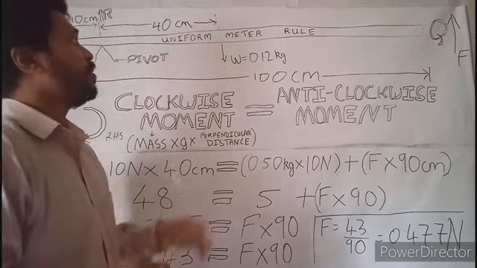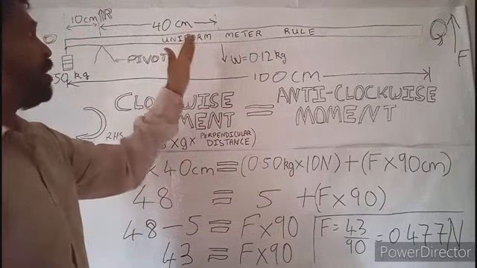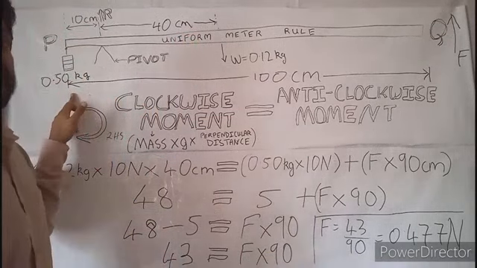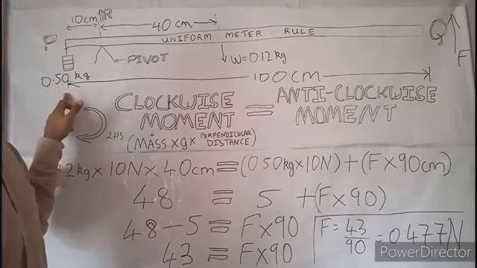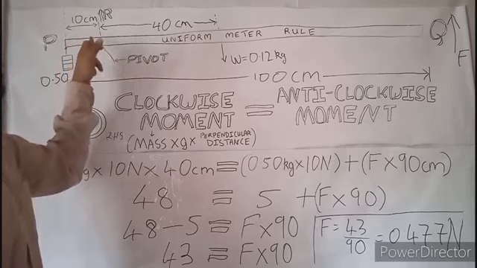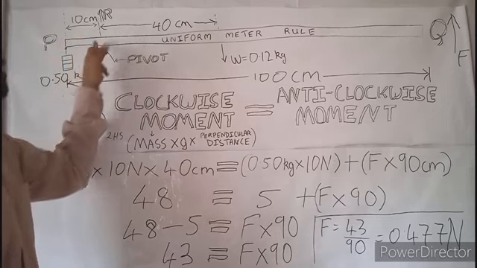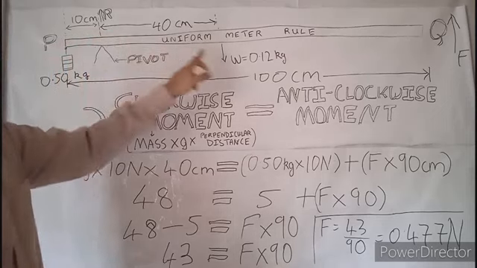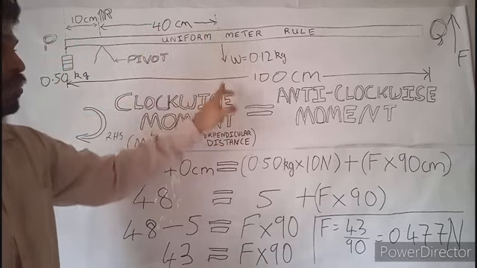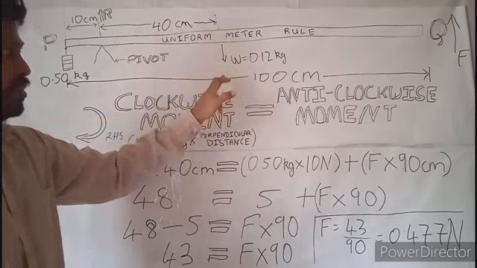So this is the uniform meter rule, as you already know, and the weight attached over here is 0.5 kg. The distance from here to the pivot is 10 centimeter, and then from the pivot to the center is 40 centimeter. W is the weight acting downwards.